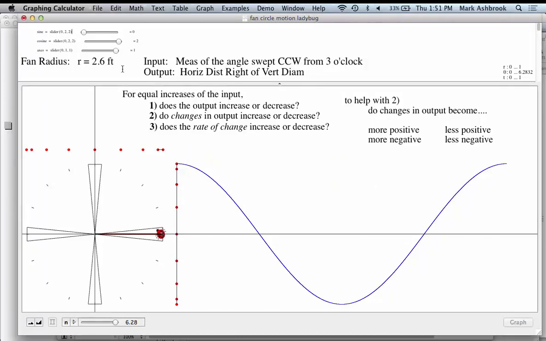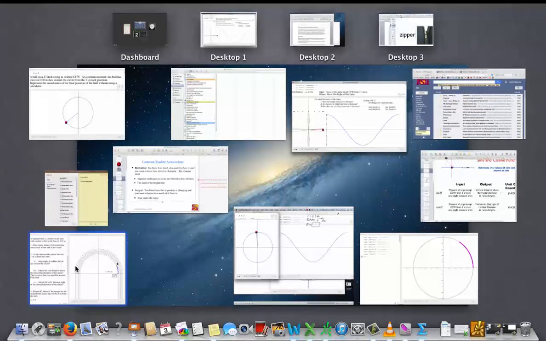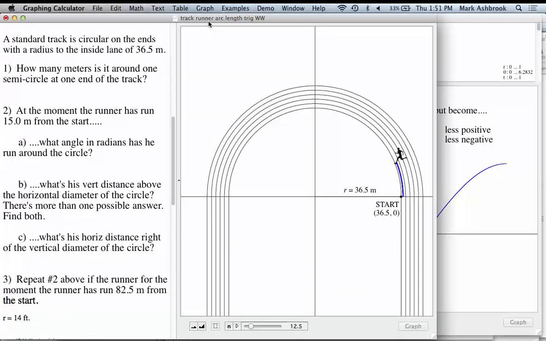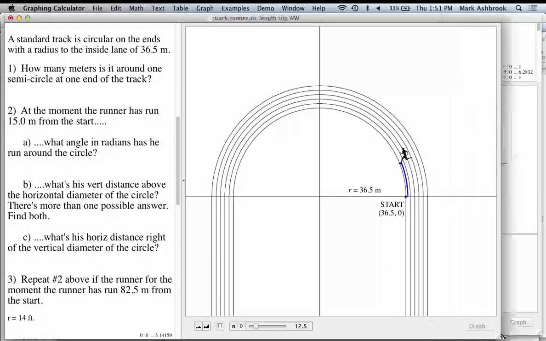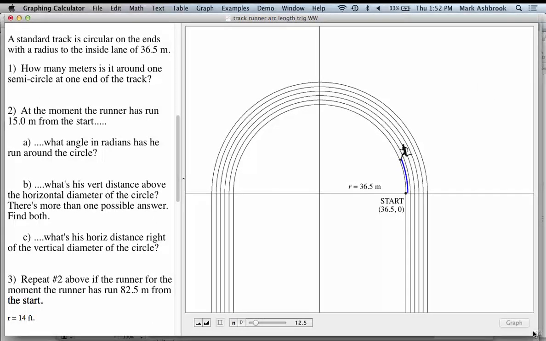So you had this in your web work, right? Let's practice here. It says that the radius is 36.5 at the ends of the track. There are semicircles with a radius of 36.5.